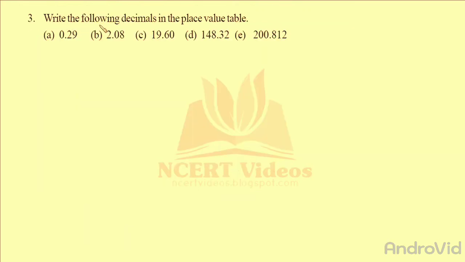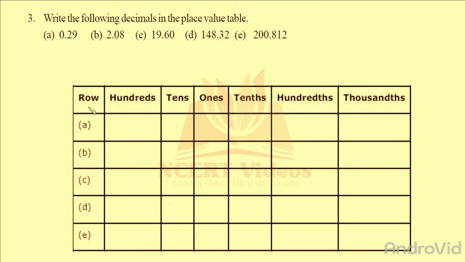Question third. Write the following decimals in the place value table. So we have to first make a place value table. This is your place value table that depicts various places. So now we'll put the decimal part, because the decimal is separated by ones and tenths.